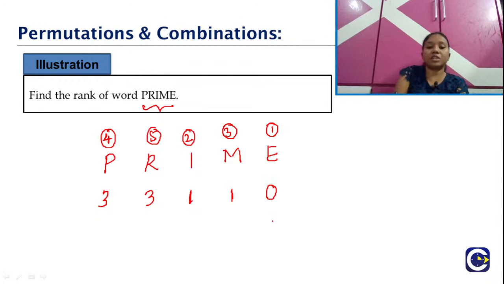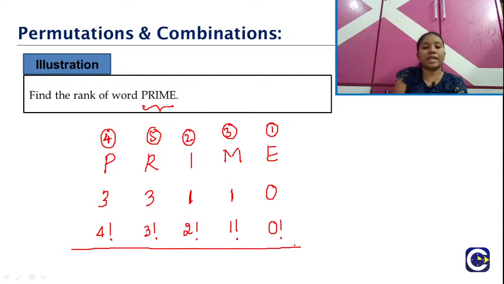Right. So the next step, we'll start from the rightmost side here and start giving the factorials. So it will be 0 factorial, and then move towards the left side: 1 factorial, 2 factorial, 3 factorial, and then 4 factorial. So now the next step will be the calculation, which is product and then sum.